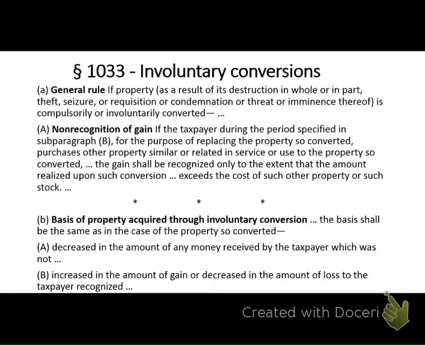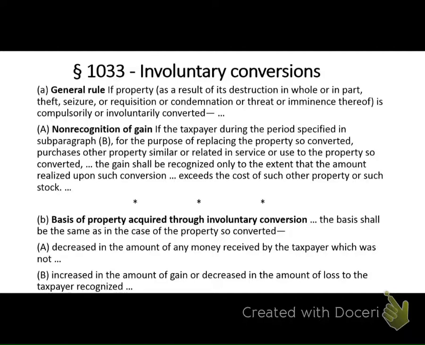You get $500,000 from the insurance company, and you can choose to do what you wish with it. So if you choose to go ahead and purchase a house similar or related in service to the property that was converted, then we're not going to recognize any gain.